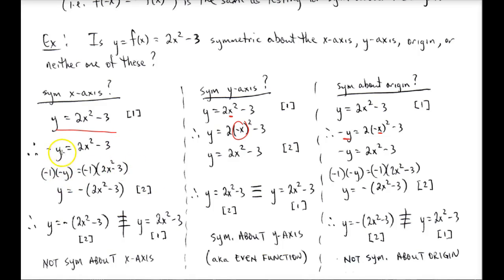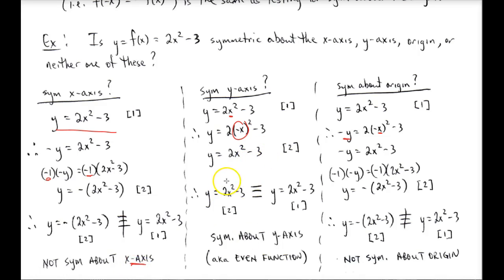And so once we have negative y here, we can multiply both sides by -1 in order to get y by itself. And we see that we get the negative of 2x squared minus 3, which is not what we need. So we know that it's not symmetric about the x-axis.